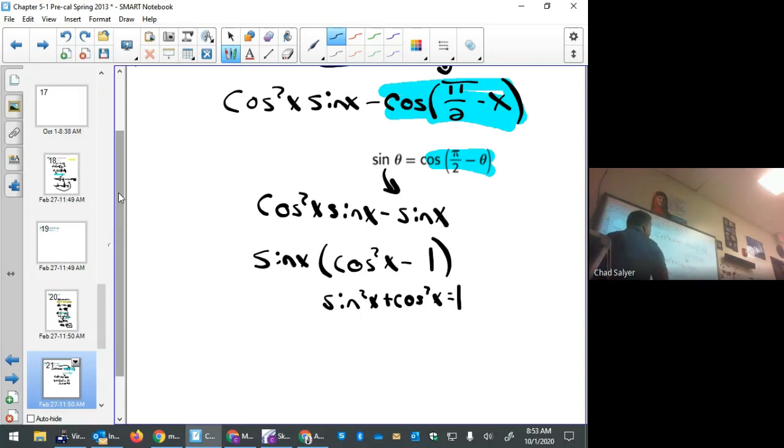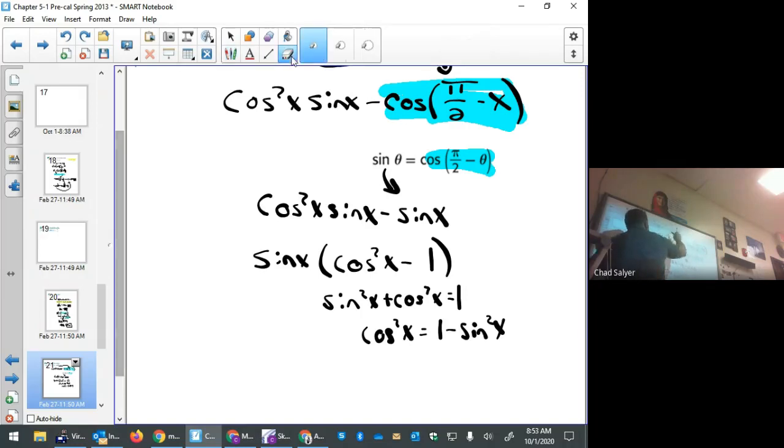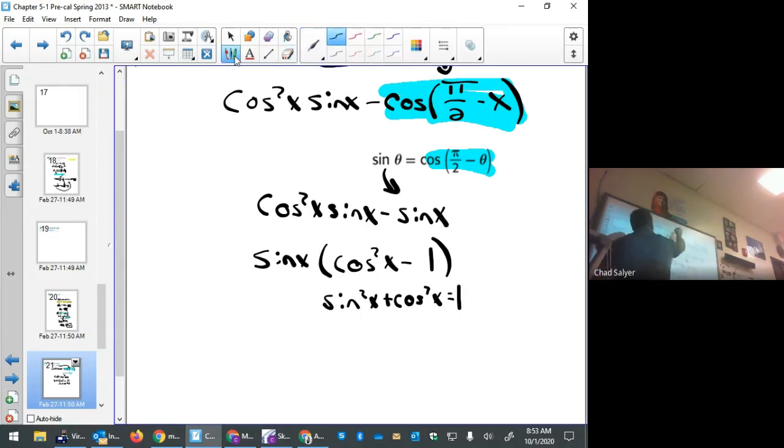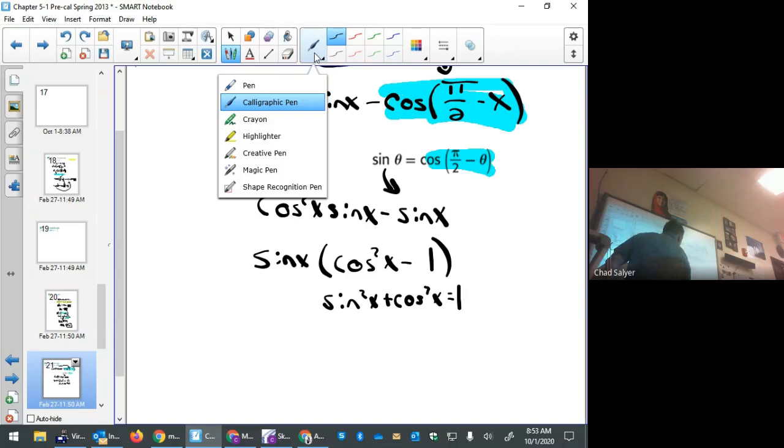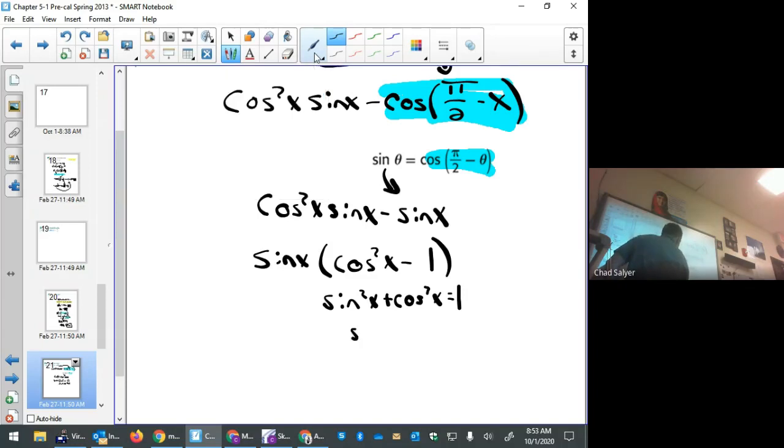If I subtract cosine squared x from each side, I get sine squared x equals 1 minus cosine squared x.